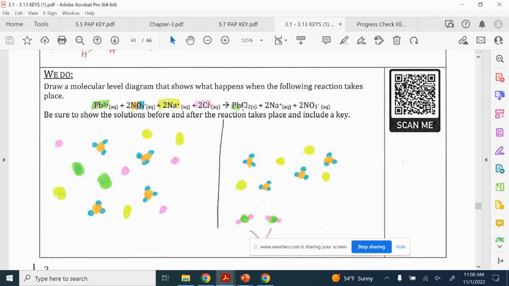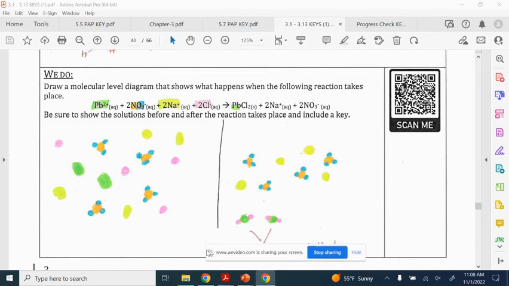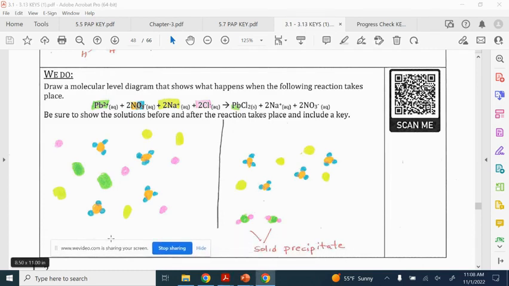When we come over to this side, our lead chloride has produced a precipitate, which means it's formed a solid. So two of the chlorines have gone with one lead, and it's sunk down to the bottom. That's your solid precipitate. And then these things are still aqueous, so they're still floating around up in here.